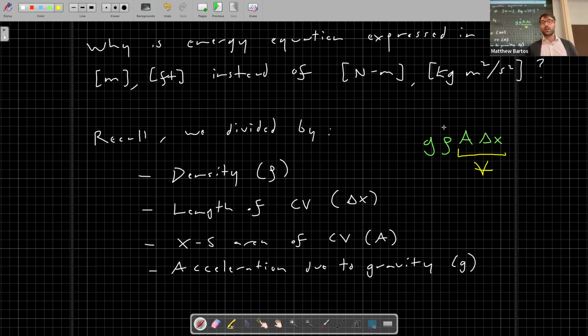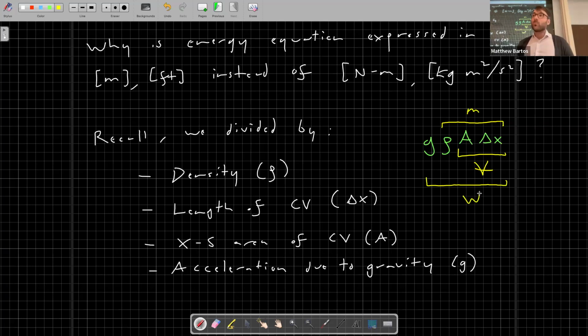What is the volume times the density? It will be the mass. Density times the volume is the mass. And what do we get when we multiply the mass by the acceleration due to gravity? The force of gravity, which is also called the weight.